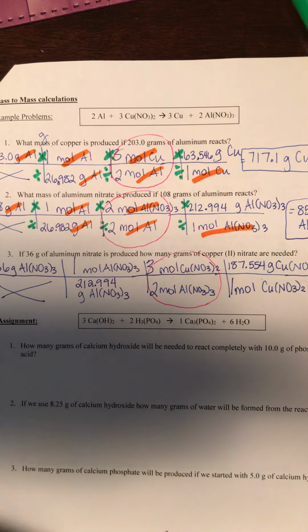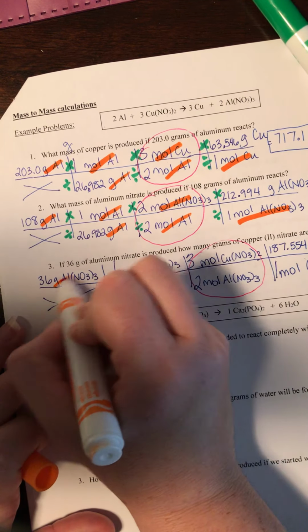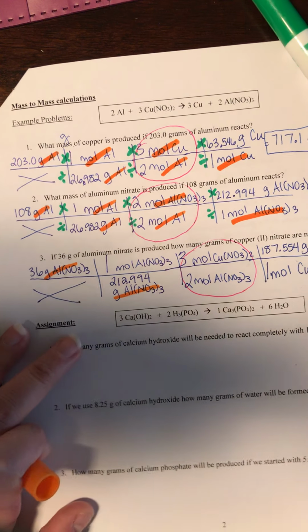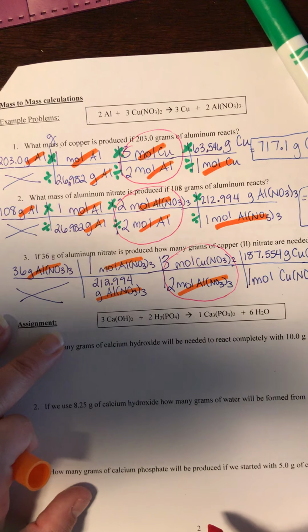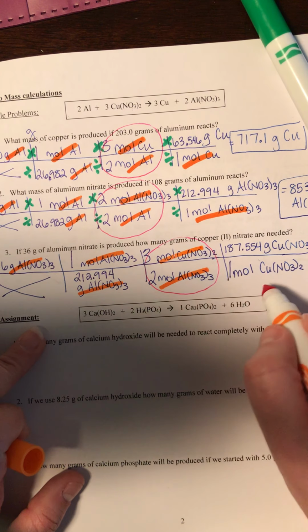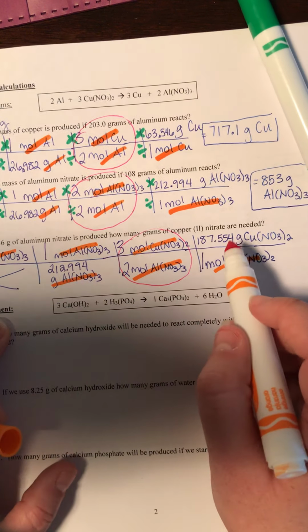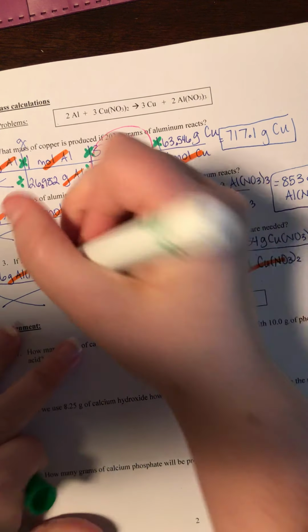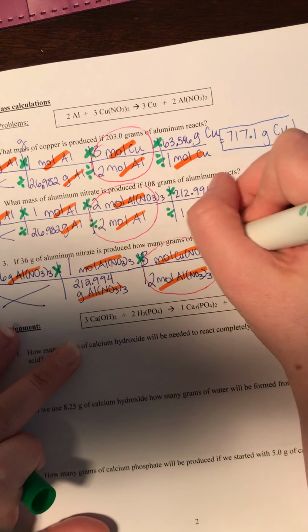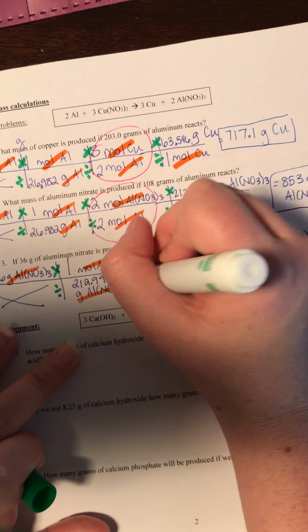All right, so let's talk about what cancels. Grams of aluminum nitrate, grams of aluminum nitrate, moles of aluminum nitrate, moles of aluminum nitrate. They're on top and bottom and they match. Moles of copper nitrate, moles of copper nitrate. I'm left with grams of copper nitrate. All right, to solve, we're going to multiply the tops and divide the bottoms.